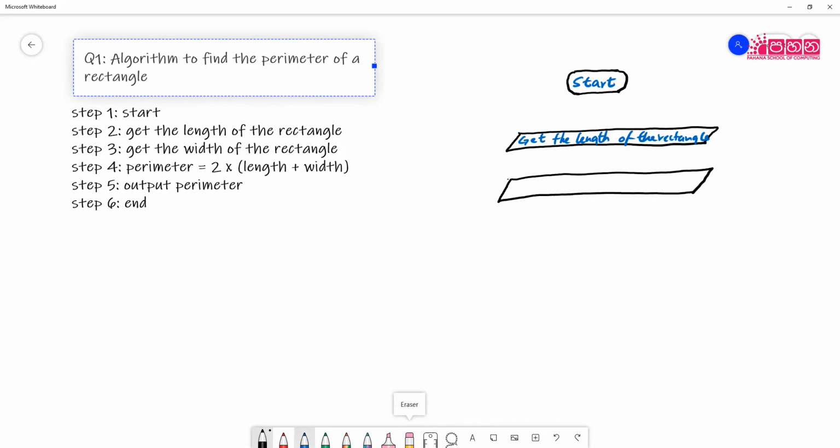Right, so we know that we have to get the width. And then step number 4 is a process. So that means we have to use a rectangle shape.